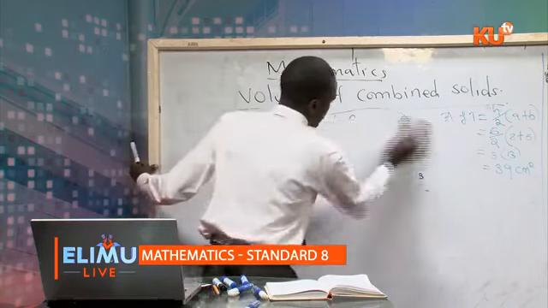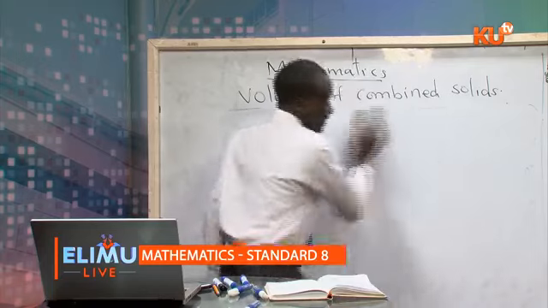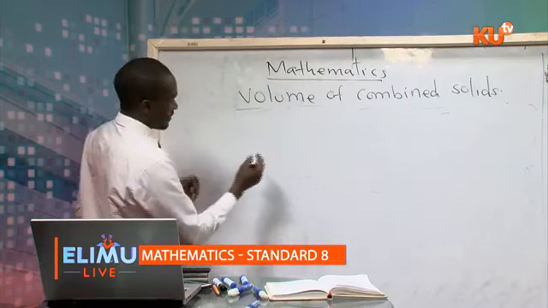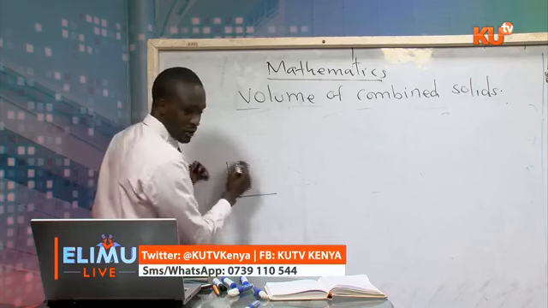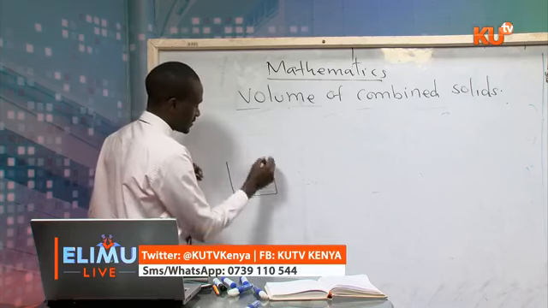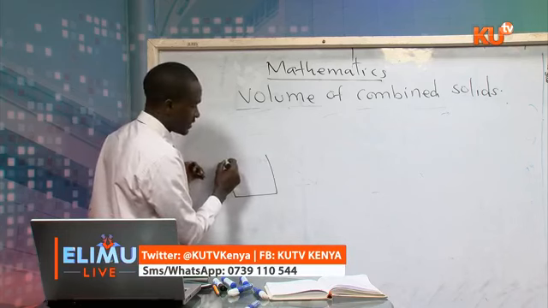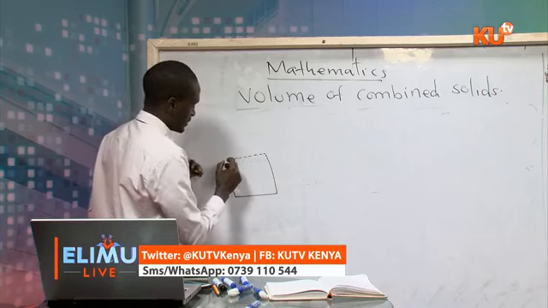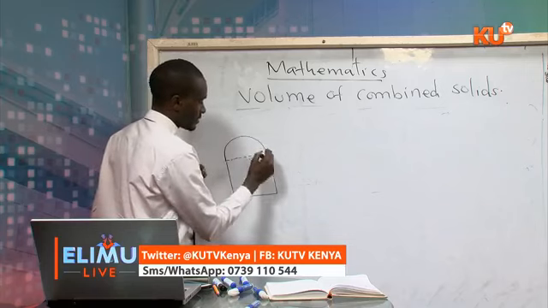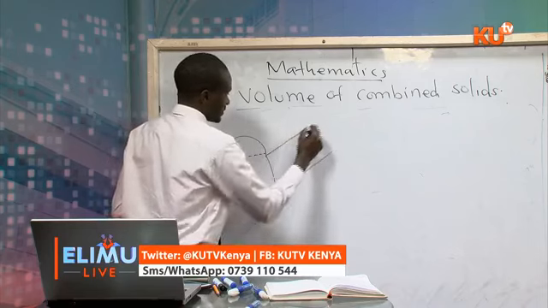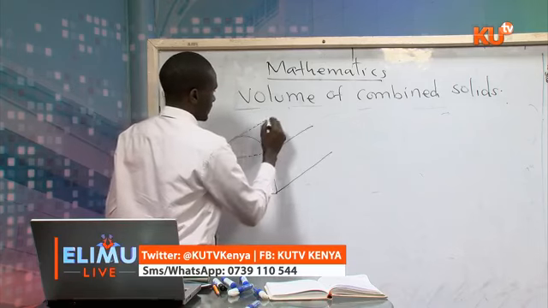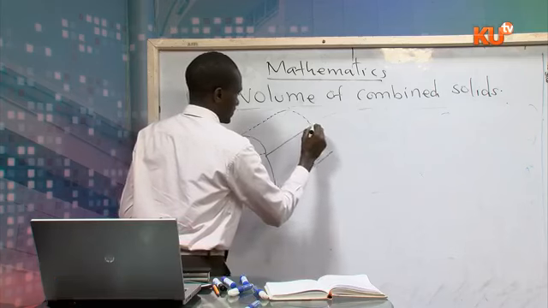The person is saying height is 14. I'll quickly take you through it so that we see where the confusion might be. As a learner, please be very careful. So bread-like was like this way, this way, this way, and this one here.